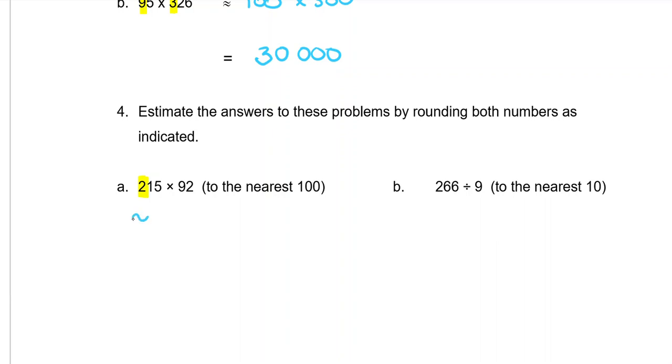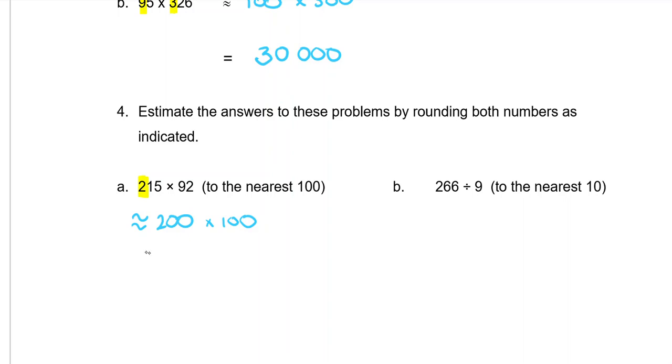So that will be approximately equal to 200. Now the 92, that's a bit of a problem because I don't have a hundreds digit. The 100 digit would be here in front and there's nothing there. But luckily, a 9 rounds up, so it would make 100. Does that make sense? Yes? Okay, so times 100.